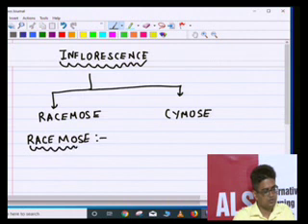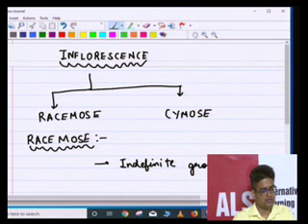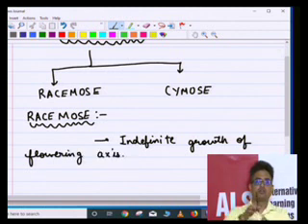What is a racemose inflorescence? A racemose inflorescence has an indefinite growth of the flowering axis.